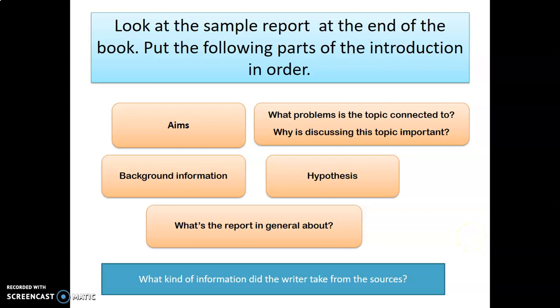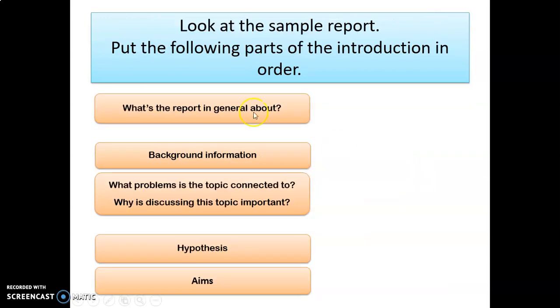All right. Hopefully you have arranged these parts of the introduction in the correct order. Let's see what an introduction looks like. Ta-da! So a typical introduction starts with a general statement saying what the report is about.